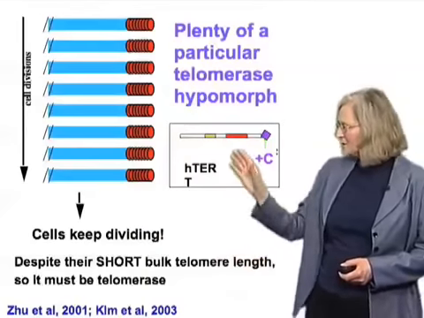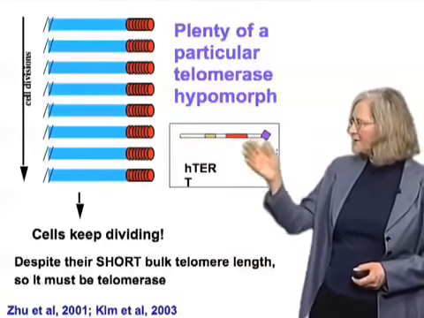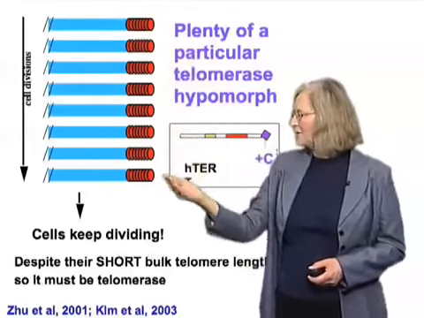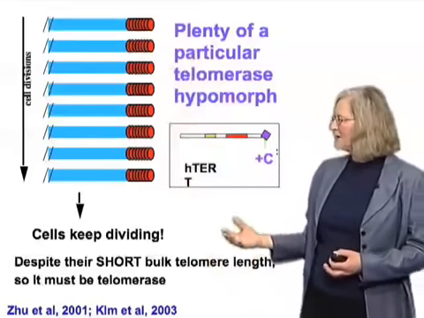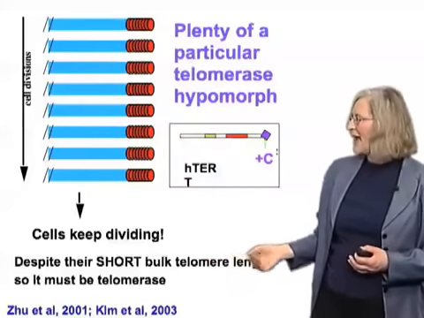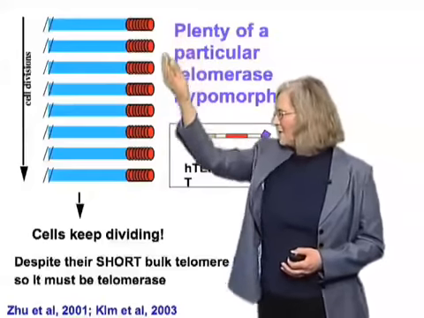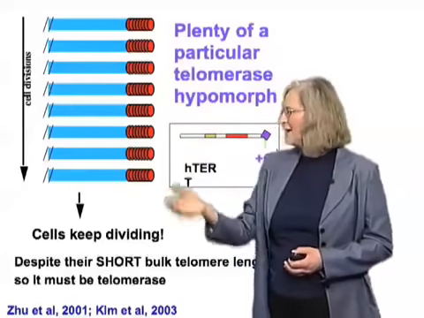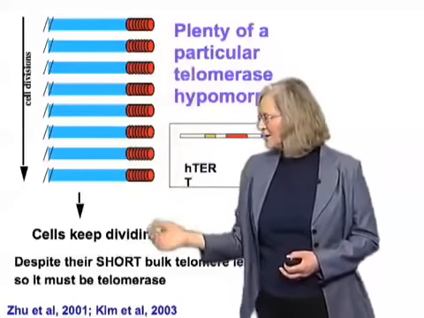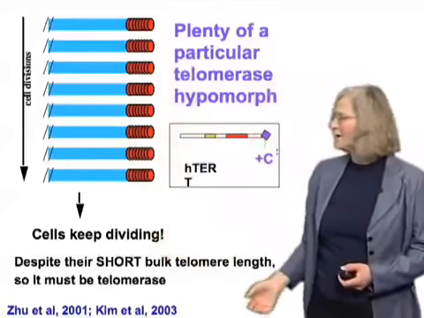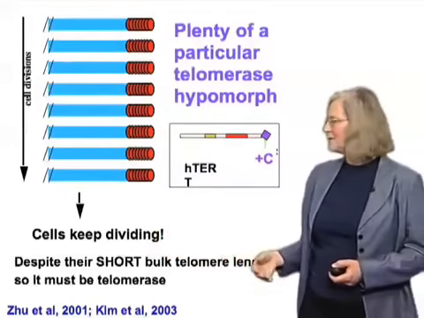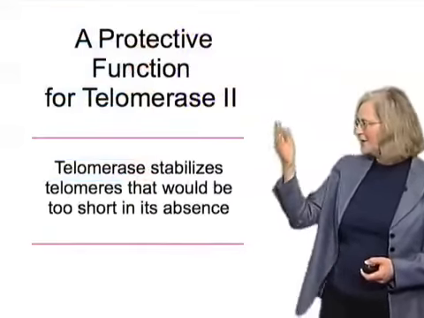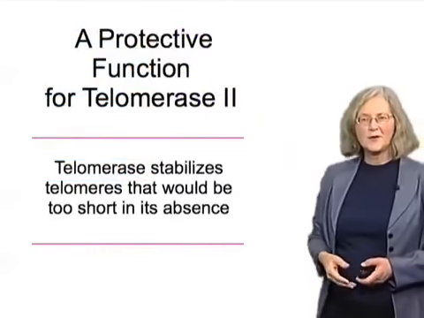So we used a trick just to separate out the telomere lengthening property of telomerase from its ability to stabilize telomeres, and we saw that in fact if you have this telomerase present throughout, even though the telomeres remain short, they are perfectly stable and the cells can keep dividing. So this is the second piece of evidence.